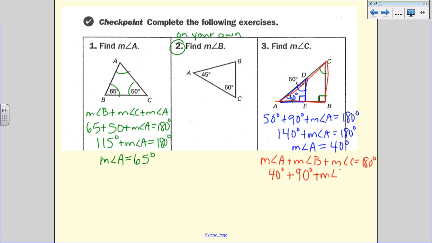And so that leaves me with just angle C to find. 130 degrees plus the measure of angle C equals 180 degrees. Subtract the 130. We find the measure of angle C is equal to 50 degrees.